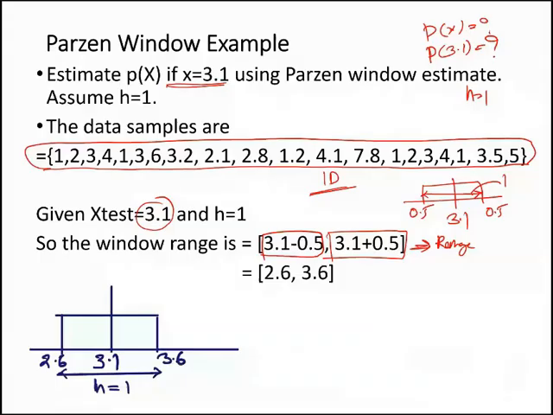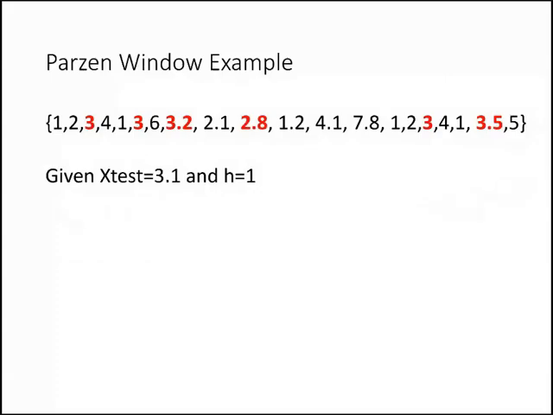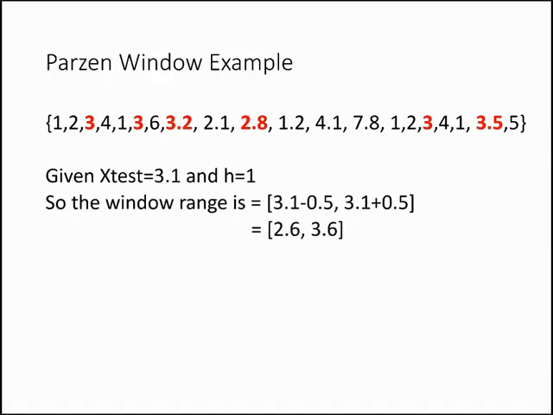It is looking like this, right? Now the next step is to count how many samples from the given list fall into this window. I have marked the red ones here. So this is 1, 2, 3, 4, 5 and 6. So these are 6 samples that fall in the range 2.6 to 3.6.